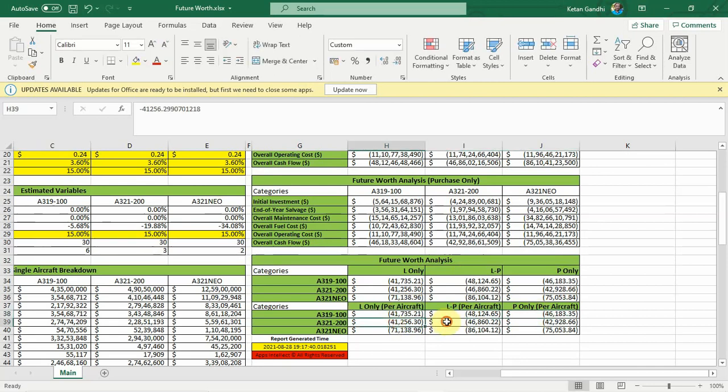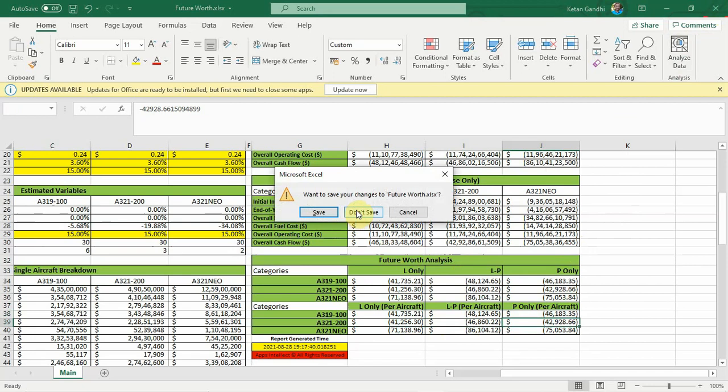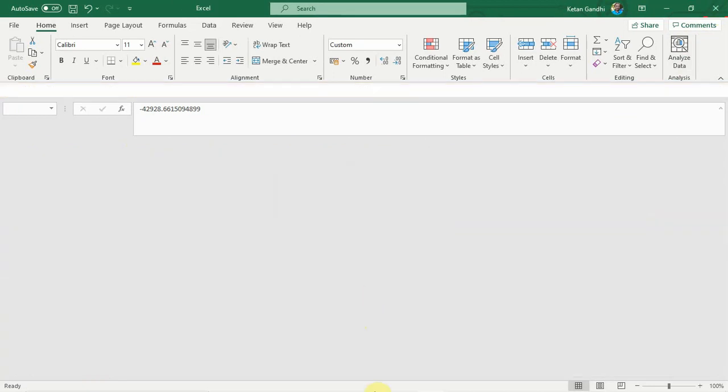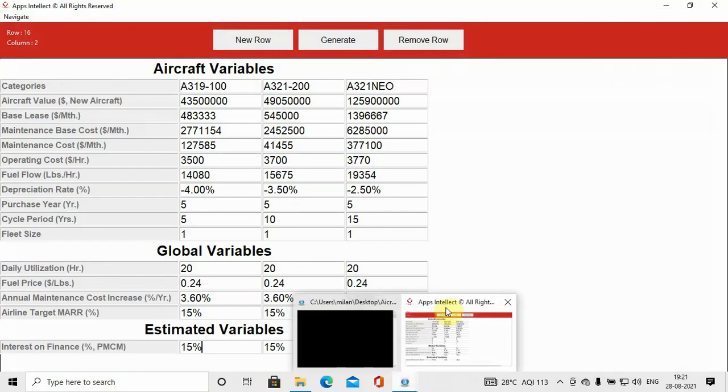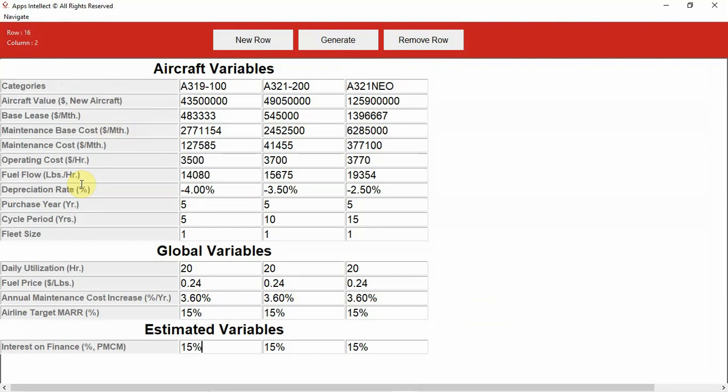So this is the way. It's a very handy tool for an airline, where the airline can choose a particular scenario, input these values, and know the present worth and the future worth based on their own scenario of lease or purchase.